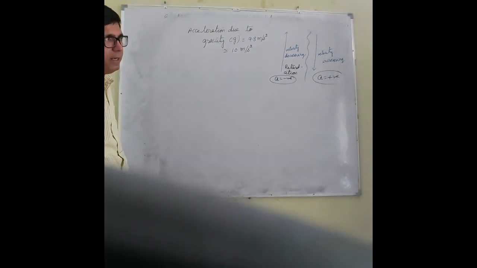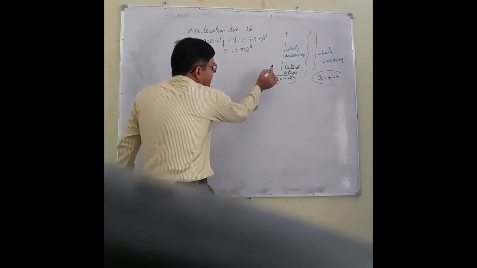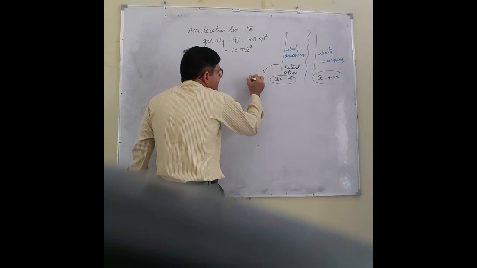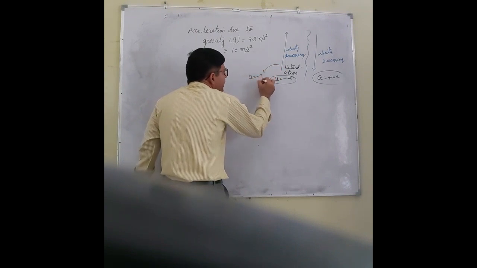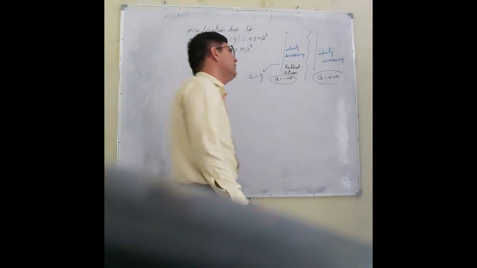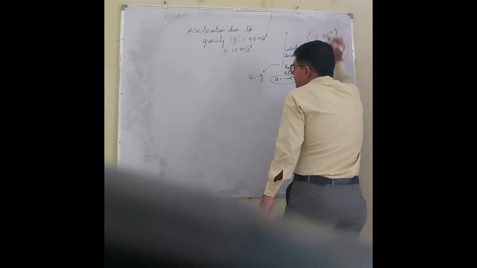Alright? Clear? Now if I ask, what is the acceleration in this case? You will say acceleration in this case is minus g. Why minus g? Because velocity is decreasing. And what is the acceleration in this case? Velocity is increasing.